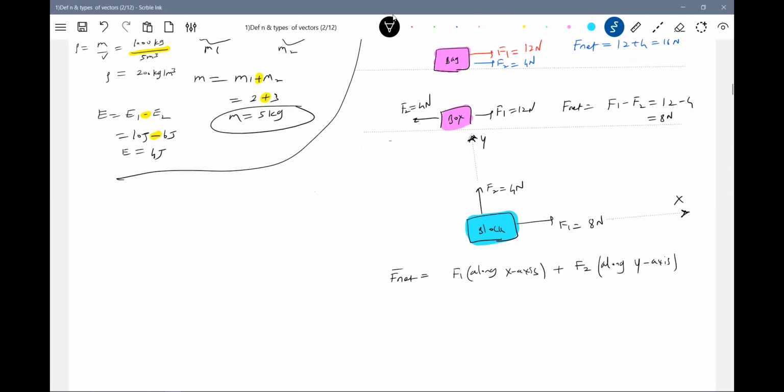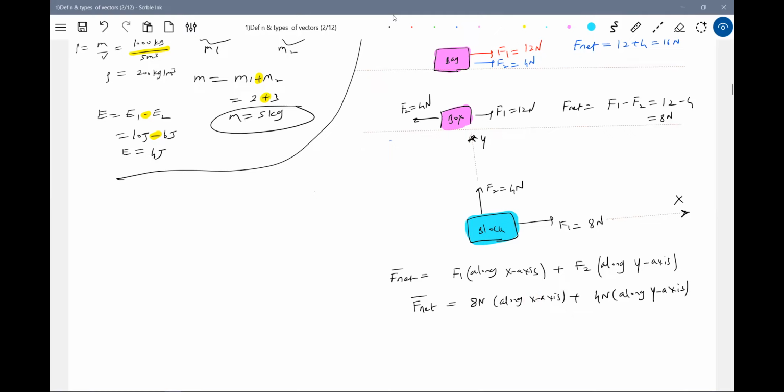Even you have to consider the direction. You can't write 8 plus 4. This is the magnitude of 8 Newton acting along the x-axis, and the magnitude of 4 Newton acting along the y-axis. You can't just write 8 plus 4. You have to consider the x-axis as well. How to add x-axis plus y-axis?